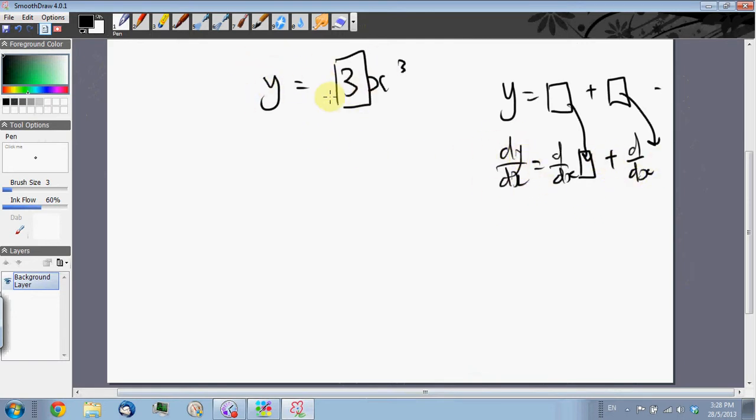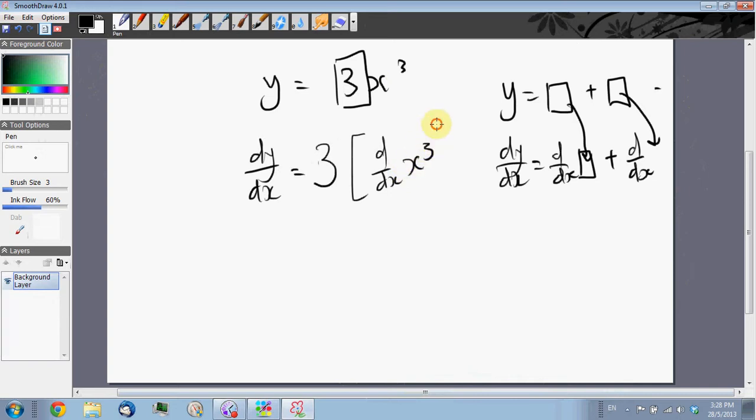Same for a constant in front of the variable: you can just take out this constant, multiply it by 3, and differentiate the x cubed. How I taught you to solve this was bring the power down, and then multiply by the constant in front. So this is the part for polynomials.